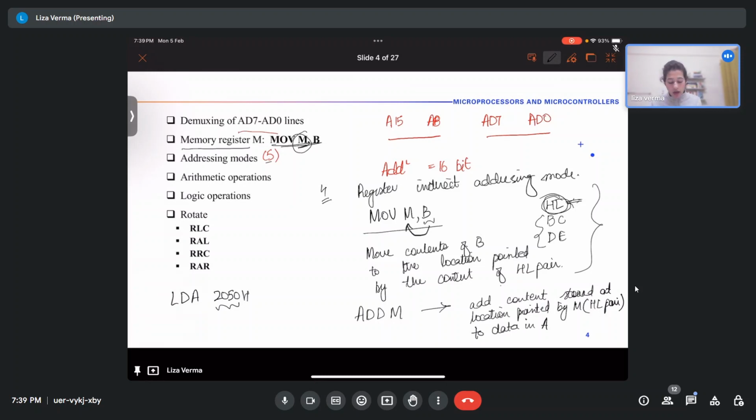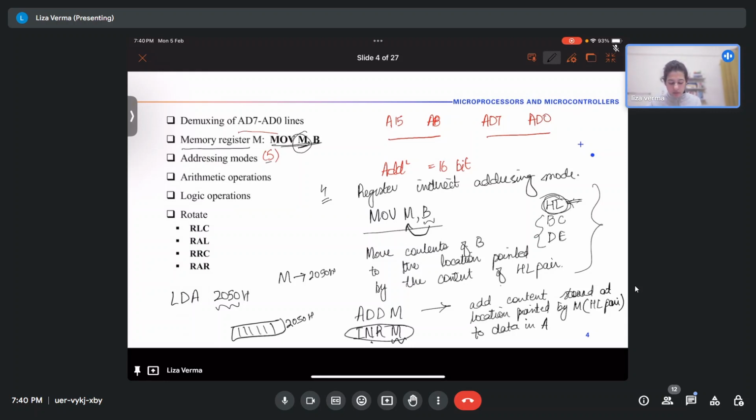Similarly, we could have INR M, which means increment by 1 the data that is stored at the location pointed by the HL pair or memory register. This instruction will increment the data which is at, say, M contains 2050, and here is some data.